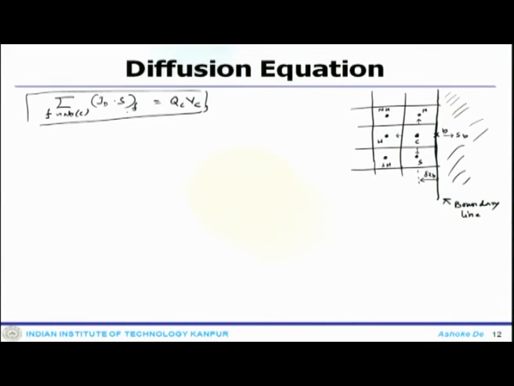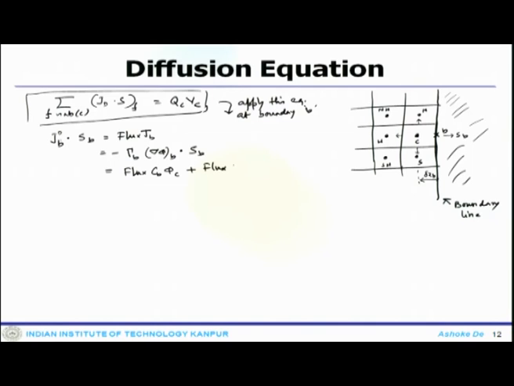But when we start from here, we will get the equation system at that particular boundary, where if you apply this equation at boundary B, then this would be JB dot SB equals flux TB, which will be minus gamma B grad phi B dot SB, which is nothing but flux CB, flux C plus flux BB.